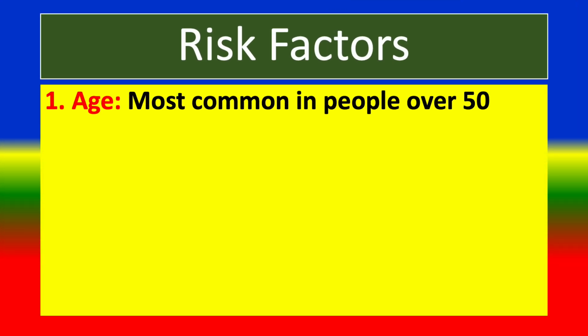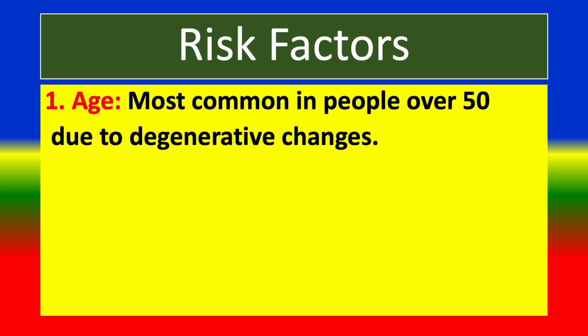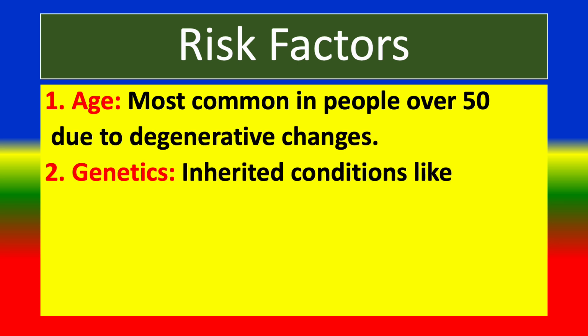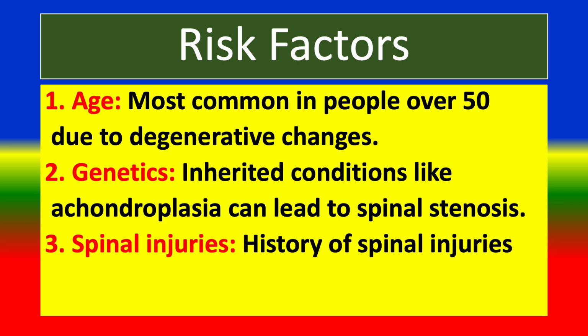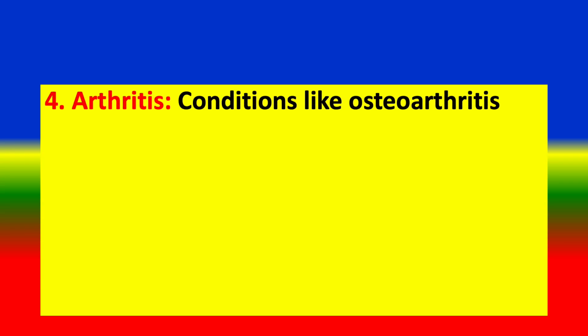Risk factors. 1. Age, most common in people over 50 due to degenerative changes. 2. Genetics, inherited conditions like achondroplasia can lead to spinal stenosis. 3. Spinal injuries, a history of spinal injuries increases the risk. 4.